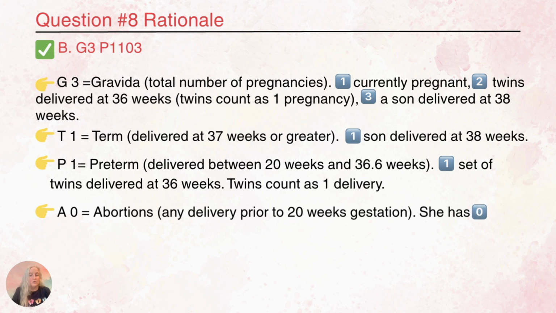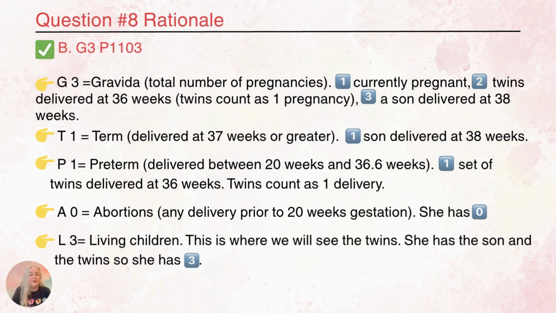She has had 0 abortions or deliveries prior to 20 weeks, so she has a 0 for A. And then for L, she's got 3 living children. So this is where we'll see the twins. She had the son and then she had the twins, and so she has 3 living children. So in this umbrella of parity, if you see P and then the numbers, the first one is T for term, then P for preterm, then abortions, and then living.